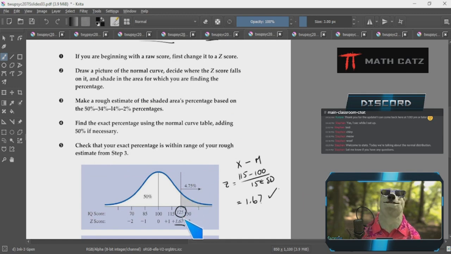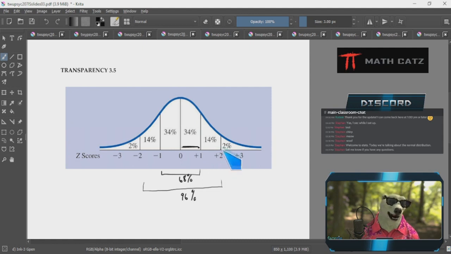Well, this sits a little below 2 standard deviation steps. 2 standard deviation steps and beyond would be 2%. I'm somewhere in the middle over here. I know it's not perfectly the middle, but maybe I get 4% to the right, and maybe I'm around 6%. That's my guess.